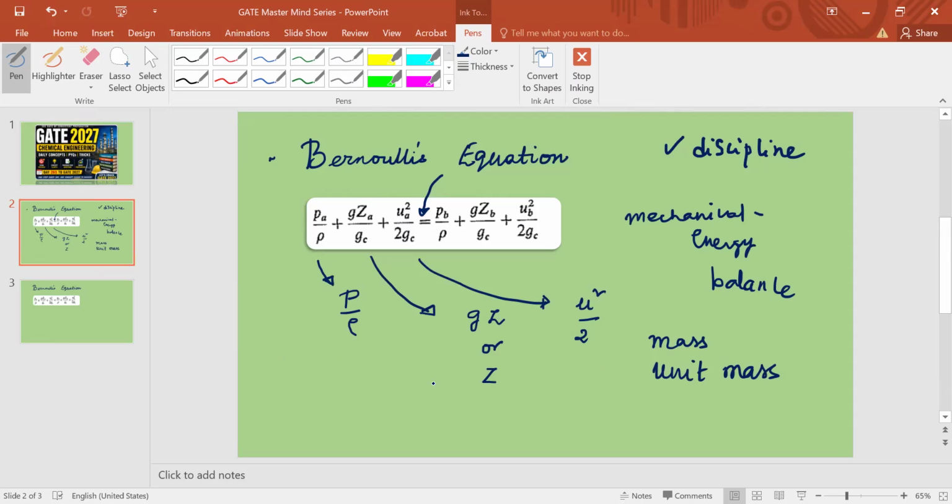Half m u square. When you write potential energy, what do you write? mgh. This indicates the potential energy, this indicates the kinetic energy, and P by rho is a mechanical work done. So this is all based upon the unit mass. Okay. This is the Bernoulli equation.